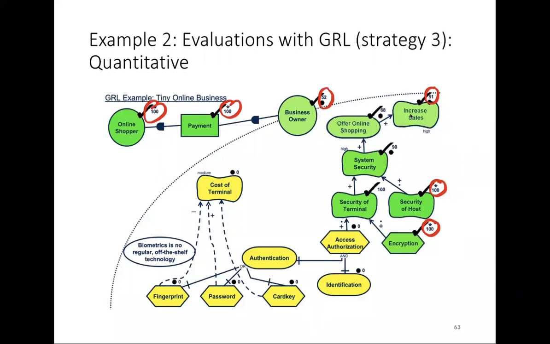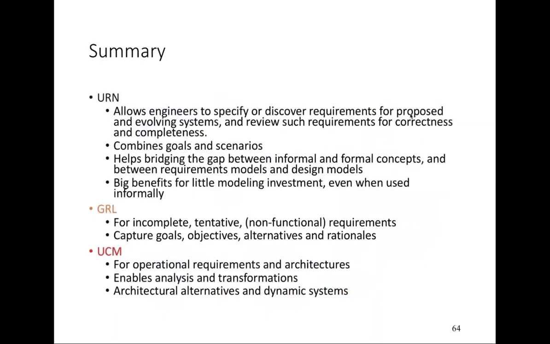So in summary, we talked about the URN notations, which are actually useful for engineers to specify and even discover requirements. And we talked about goals and scenarios. We even talked about GRL's notations, which are commonly used to identify functional and non-functional requirements, and it's efficient to capture goals, objectives, and alternatives.